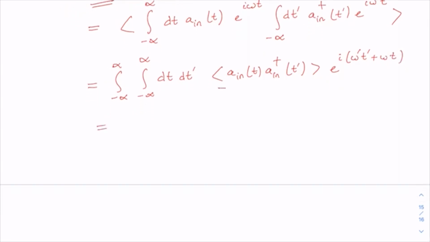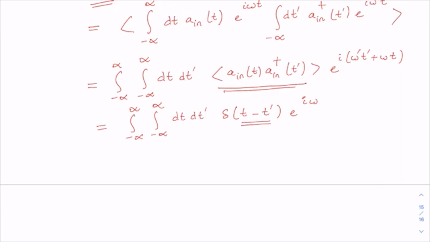Now I know the result for this one, and utilizing that, the double integral over dt dash gives me delta t minus t dash, and I have e to the power I omega t minus t dash. I can consider t minus t dash as tau.